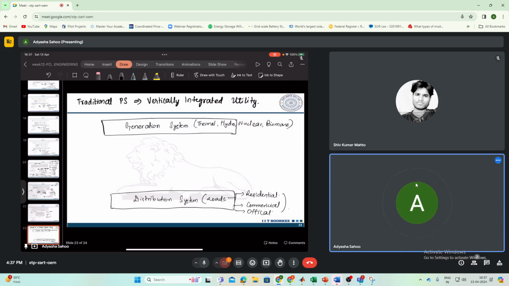And from the generating station to the distribution system, the power is transferred through your transmission system. Transmission lines in between. So this is your transmission system.